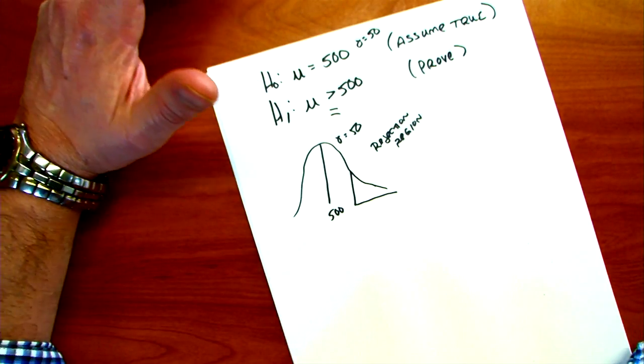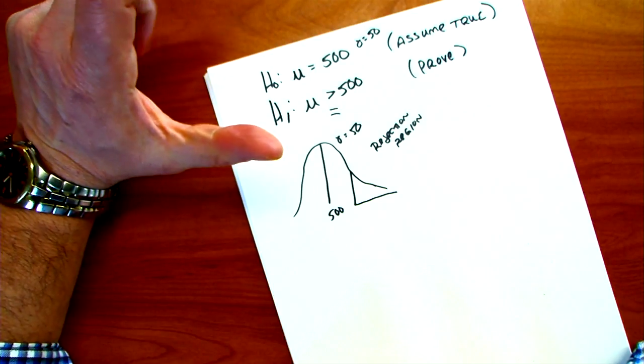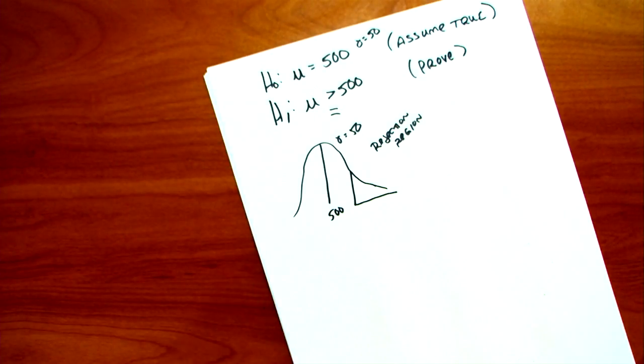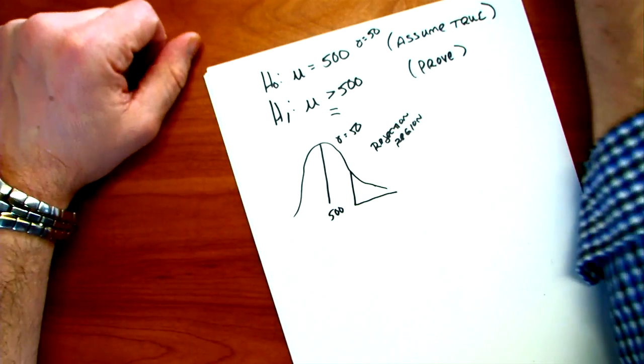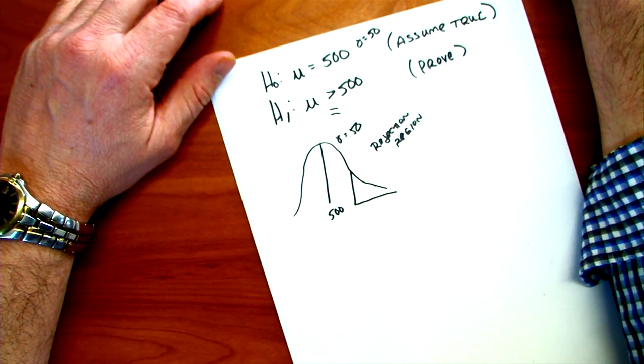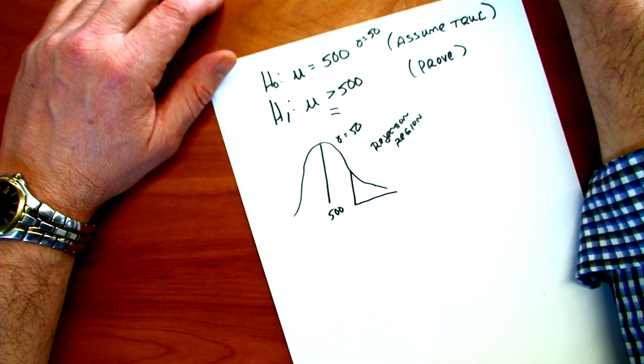What defines the rejection region? What is the term we use to say where we set that bar?